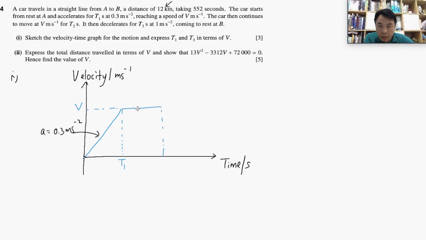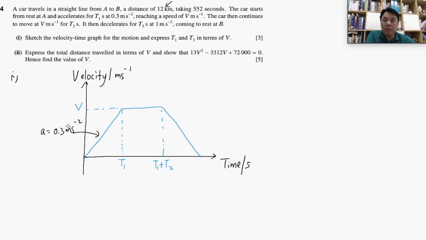Just to clarify, this is actually a horizontal line. It may not look that horizontal at this point. Labeling this as t2 is a bit confusing, so let me clarify this properly. For t2, it means t1 plus t2 here. And then finally, it decelerates. Okay, it's overshoot here, sorry.